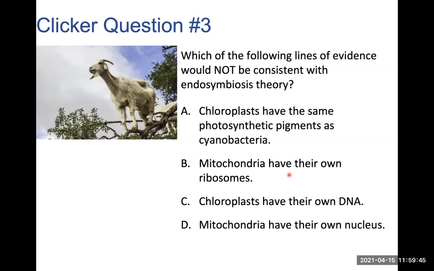D, mitochondria have their own nucleus. Mitochondria and chloroplasts have their own DNA. That's what supports the endosymbiosis theory.